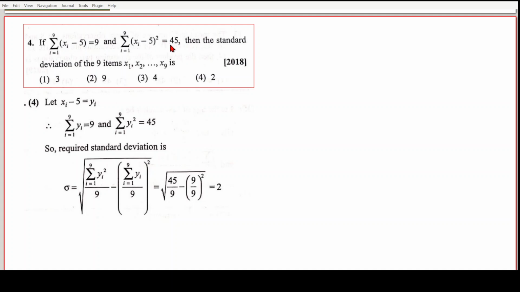We already know that when we are given a certain set of data, increasing every number of the data by a constant or decreasing every number by a constant will not change the variance. What does that mean?